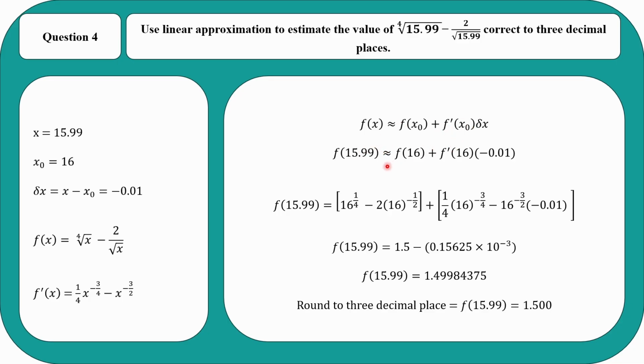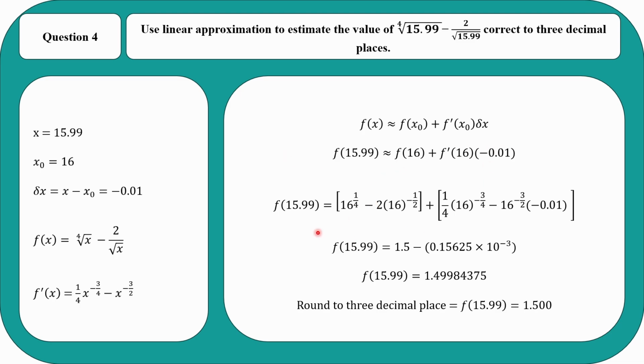So we can see here, which is f(x). For this x, we apply the numbers into f(x), where x naught is 16 and delta x is negative 0.01. So we apply the values inside the equation.